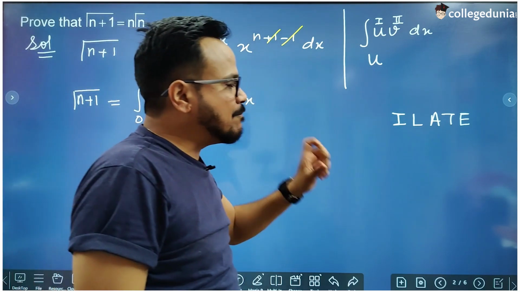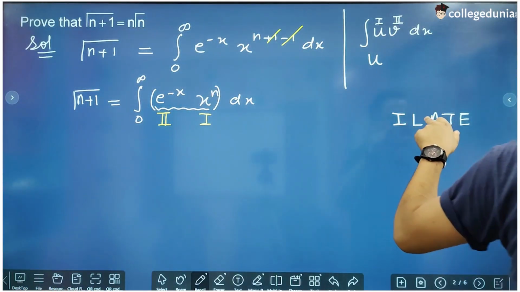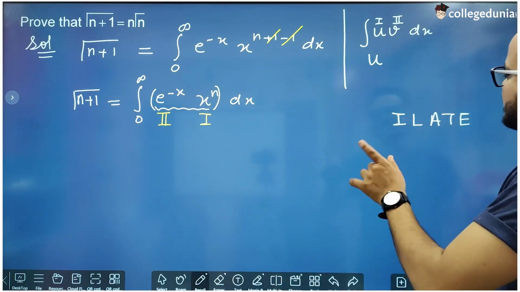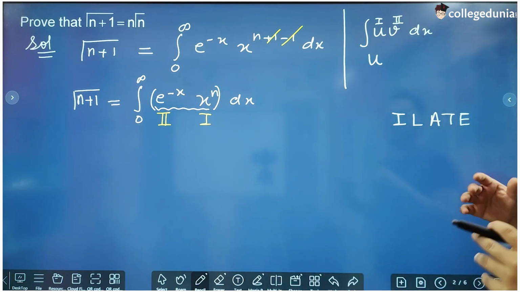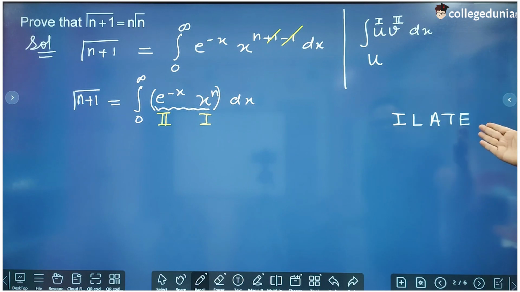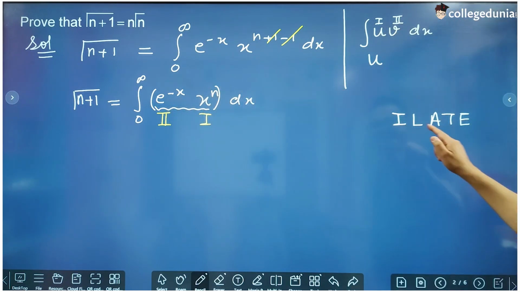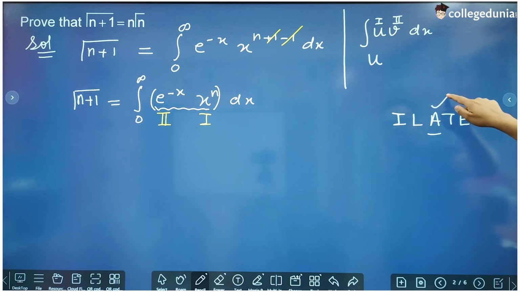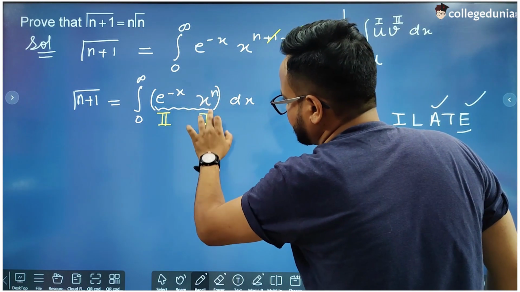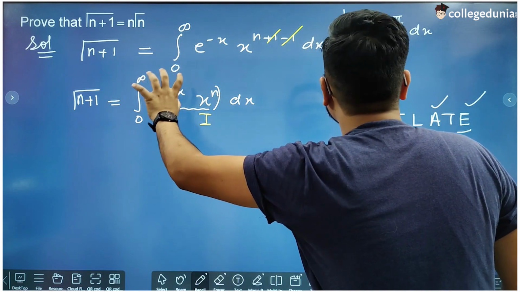So the function which appears first in this order will be our first function, and which appears second in this order will be our second function. For example, exponential function is last, so this is our second function, and x to the power n is an algebraic function, so this is the first function and this is the second function. So we have taken this as first function and this as second function.